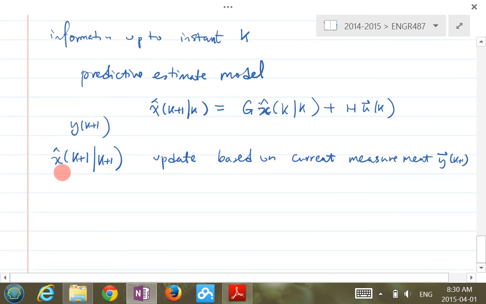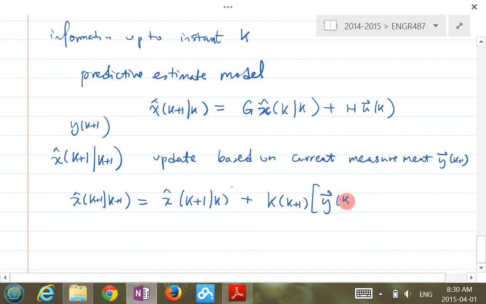Then what is the model for x hat k plus 1 given k plus 1? It's the same as the current type of observer: x hat k plus 1 equals x hat k plus 1 given k plus the Kalman filter gain K times the difference between the actual output and the estimated output based on the prediction.